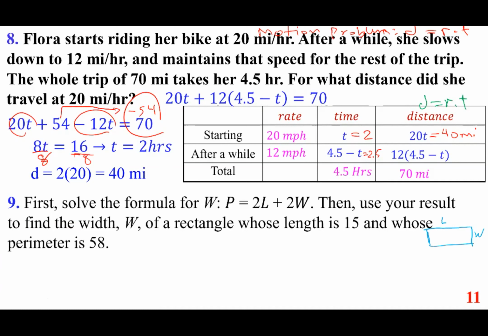So here's the idea, everybody. The perimeter, you add up the sides for a rectangular shape, is 2W plus 2L. So we want to first solve for W. So we are going to move the 2L. That means we are going to subtract it. And then we have to divide by 2. We'll divide both sides by 2.